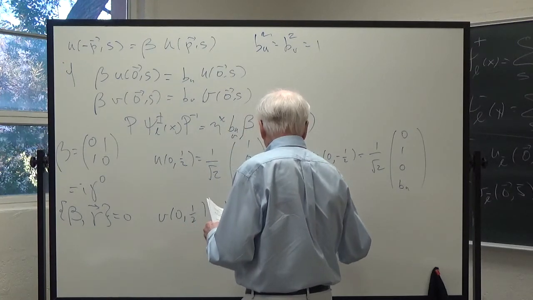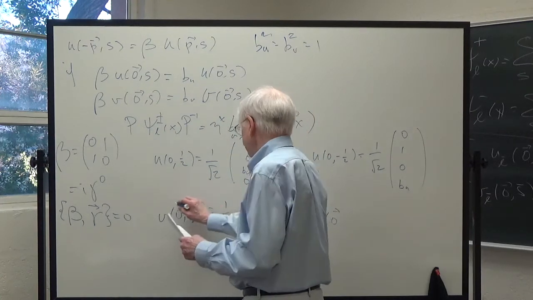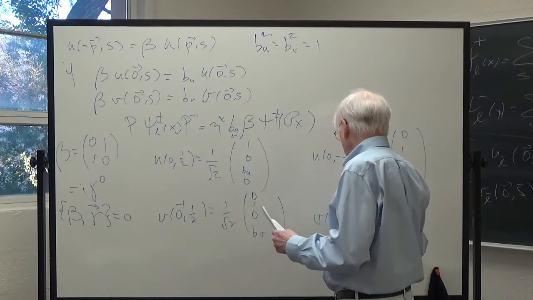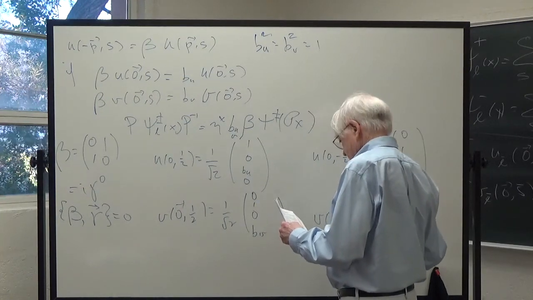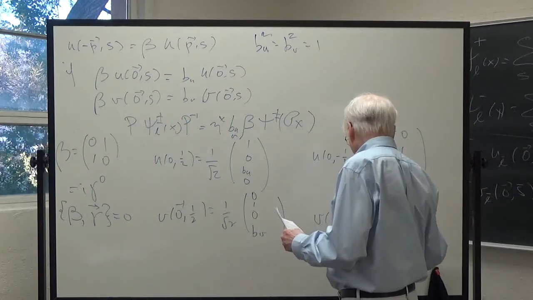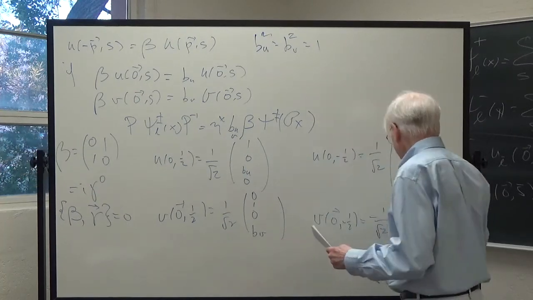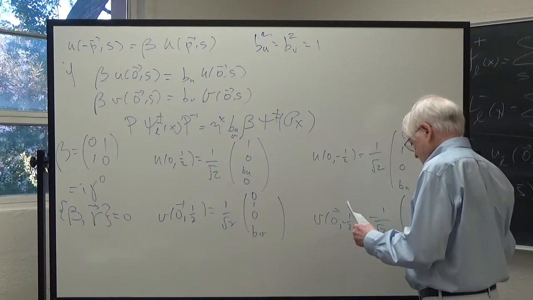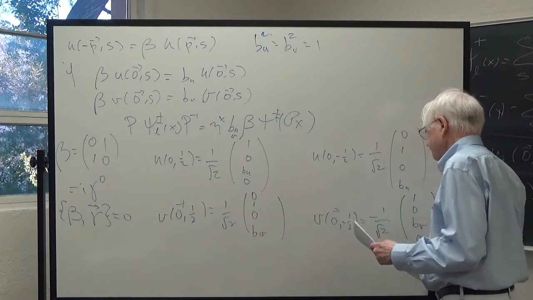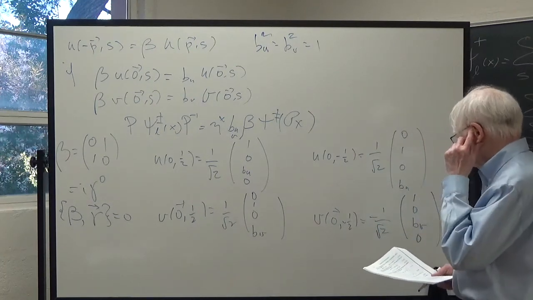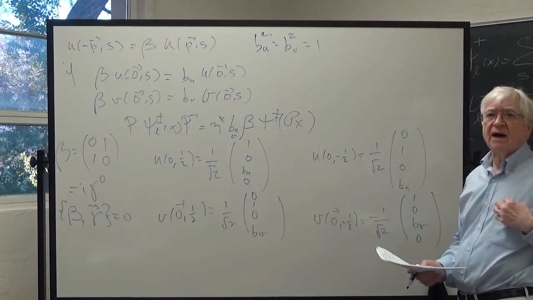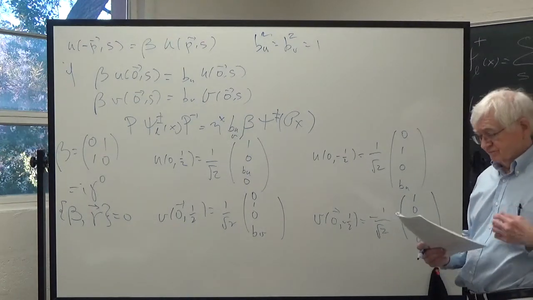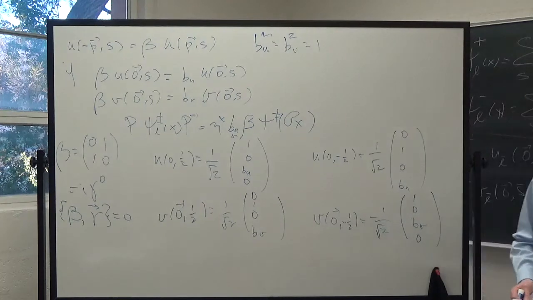And V of 0, minus 1/2 is minus 1 over root 2, 1, 0, BV, 0. So that's what we've got at this stage.